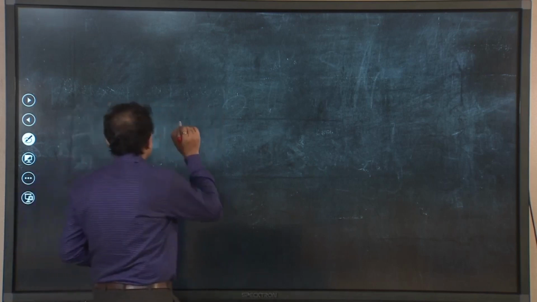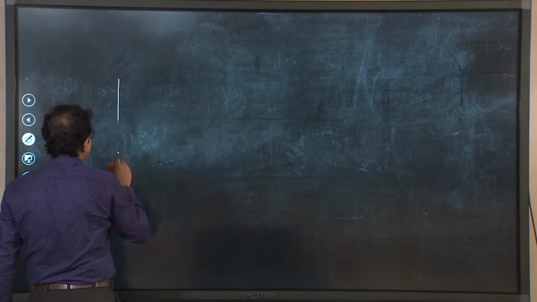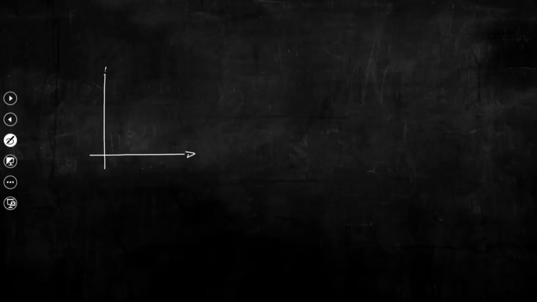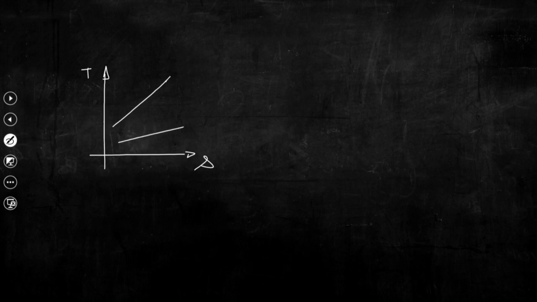So, if we just again redraw the TS diagram, so this is 1, 2 and 3 and 4.